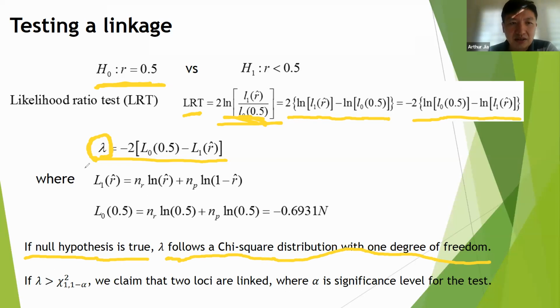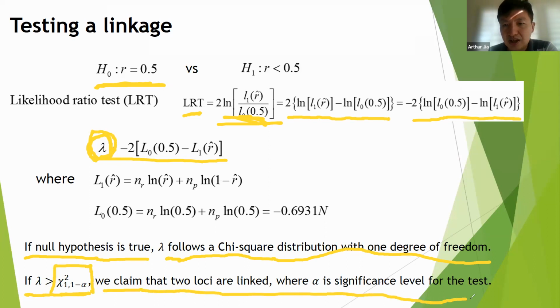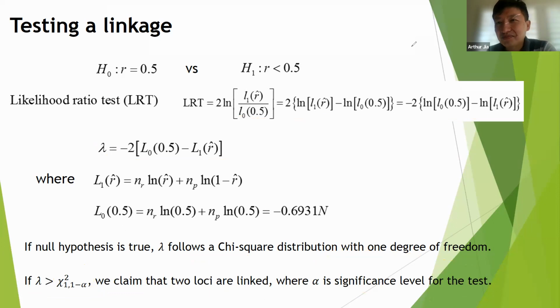So once you calculate this lambda with your data, you can easily look up that chi-square table and find out the critical value, and this will give you the p-value, and the p-value will help you make your conclusion for the experiment for answering this question. So any questions here? Is that clear? Okay, good.